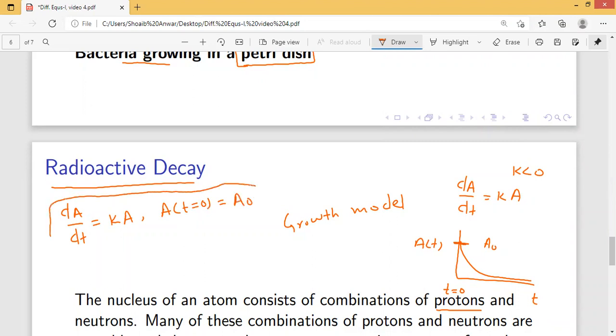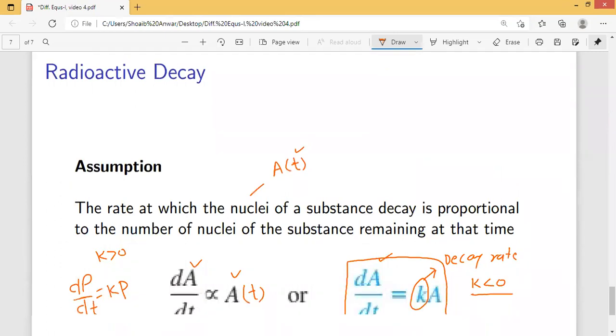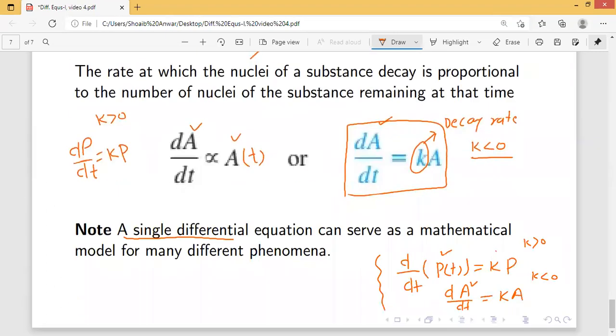Now this is your complete initial value problem with this initial condition, and of course k is less than 0. This is the complete problem that will describe your radioactive decay. I hope now you will understand how a mathematical model is obtained under certain assumptions.